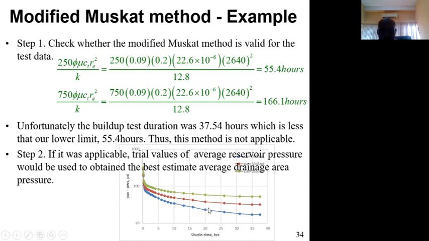So what I did was to assume 3340, 3345, 3350, and then you see that by the time you get to about 35 hours of shut-in, all three plots begin to flatten out. And probably this just tells us that this is not the range of values for which it's valid to use the Muskat method.